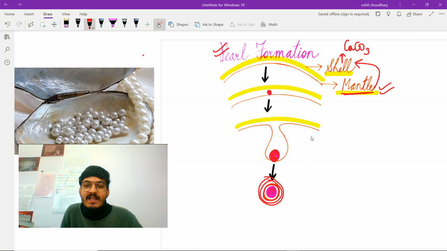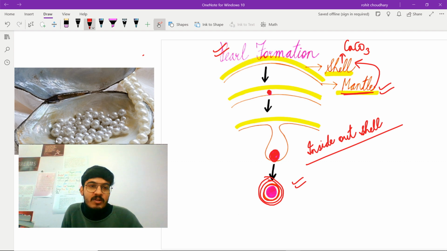And this pearl is an inside out shell. As we can see, the pearl formation occurs in between the shell and the mantle, and then it is secreted outside.